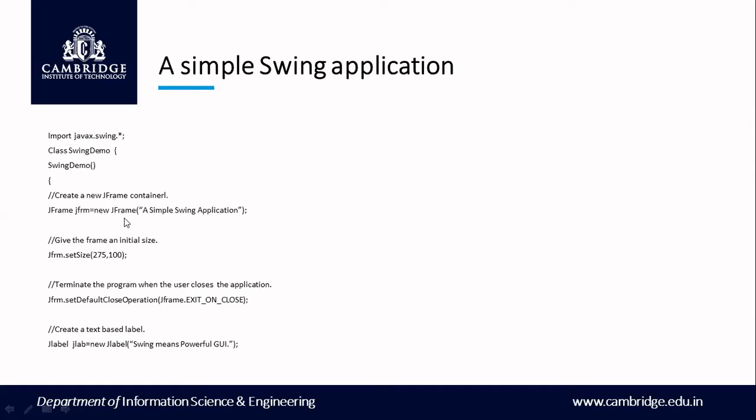Next, this is the container that you have created, that is the JFrame container. Now give the frame an initial size. You have to set the size of the container you have created. Please understand this. This is the root container you are creating. You have not added any components into your container. We have just created a container. Now I'm going to set the size of the container.